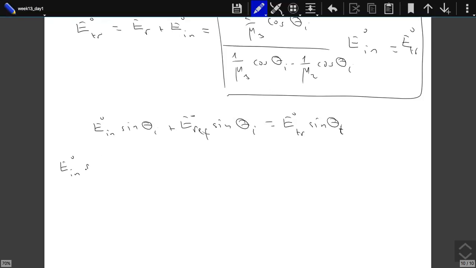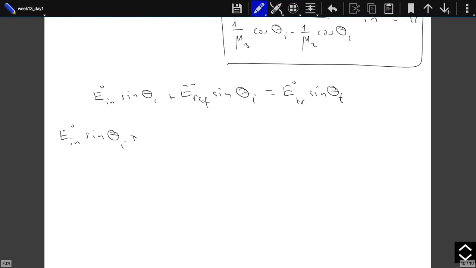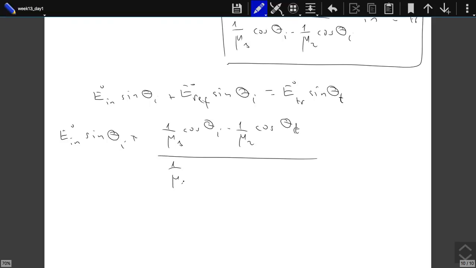E incident 0 sine theta I plus the reflected, we had calculated it, this one, 1 over mu1 cosine theta I minus 1 over mu2 cosine theta t divided by 1 over mu1 cosine theta I plus 1 over mu2 cosine theta t, sine of theta I times E incident.